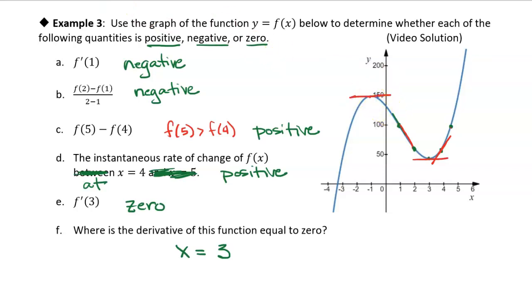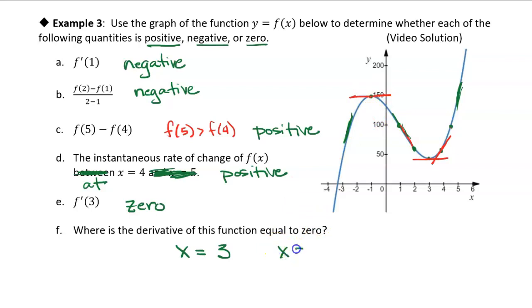At that point, the slope of the tangent line is 0. Over here, it's negative, and then over here, it's positive again. So where it's changing direction here, the slope is 0.